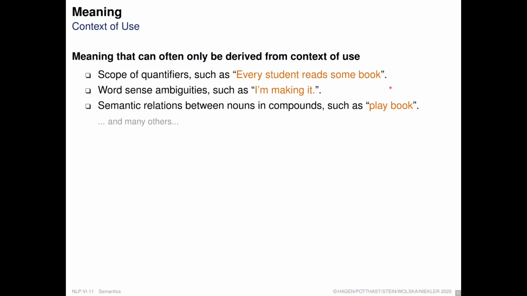There is another sentence of a similar structure that you may have heard of that also has two meanings. That sentence reads, every man loves a woman. And I will type it here and will ask you whether you see the two meanings.